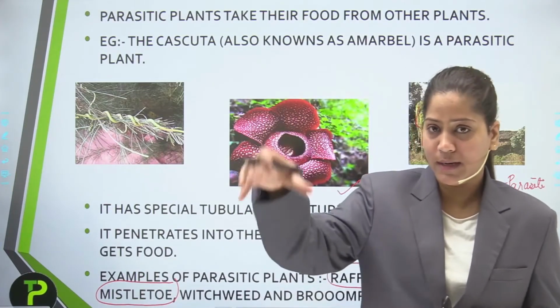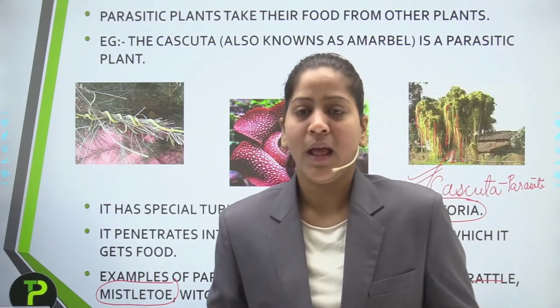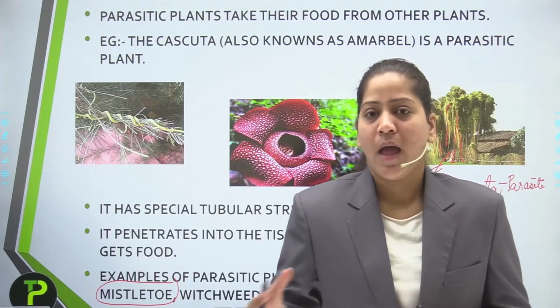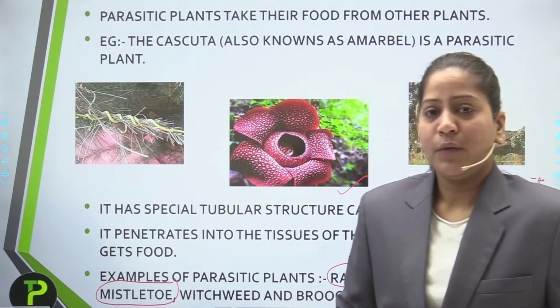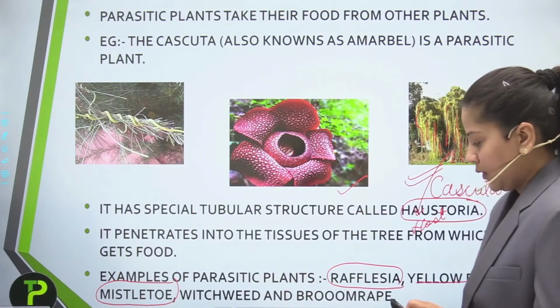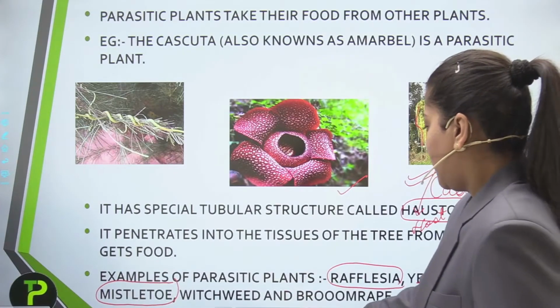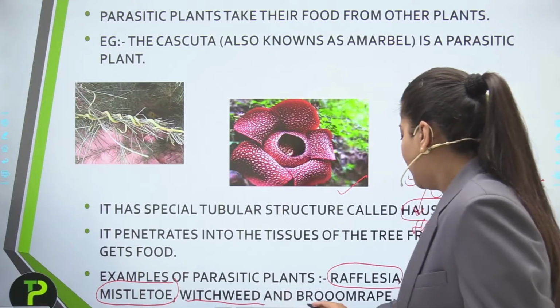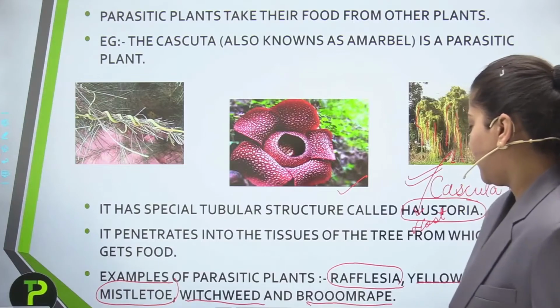So it absorbs minerals and water from another plant, which is known as the host, and it will prepare its own food. Now another example is witchweed and broomrape.